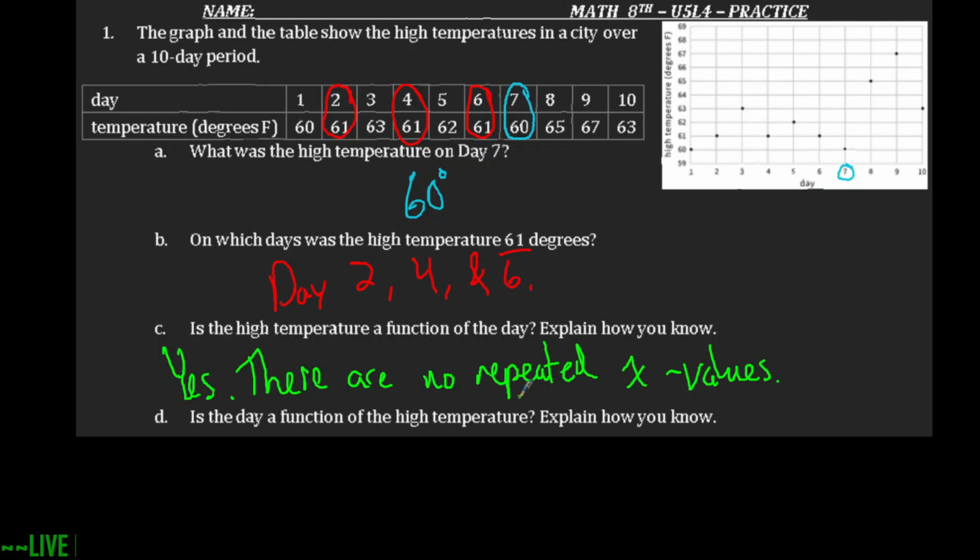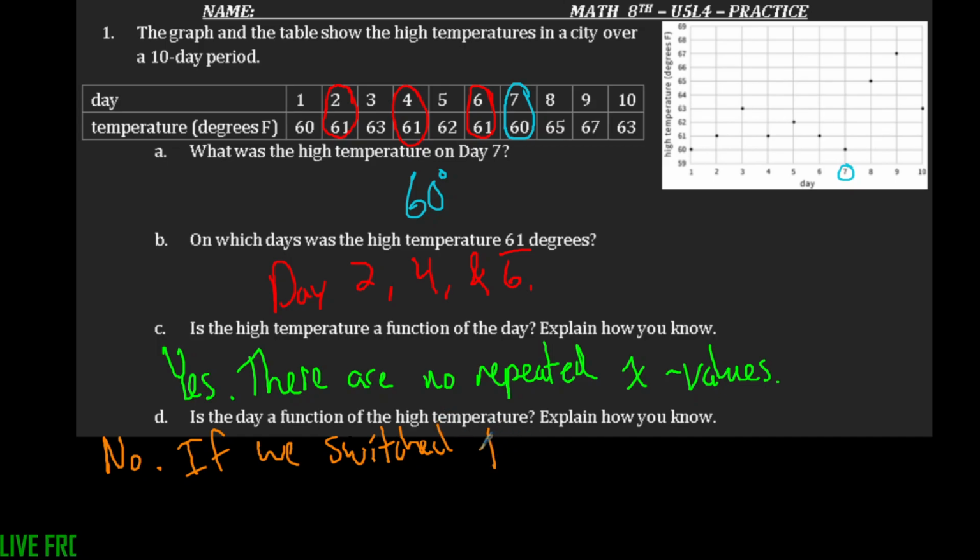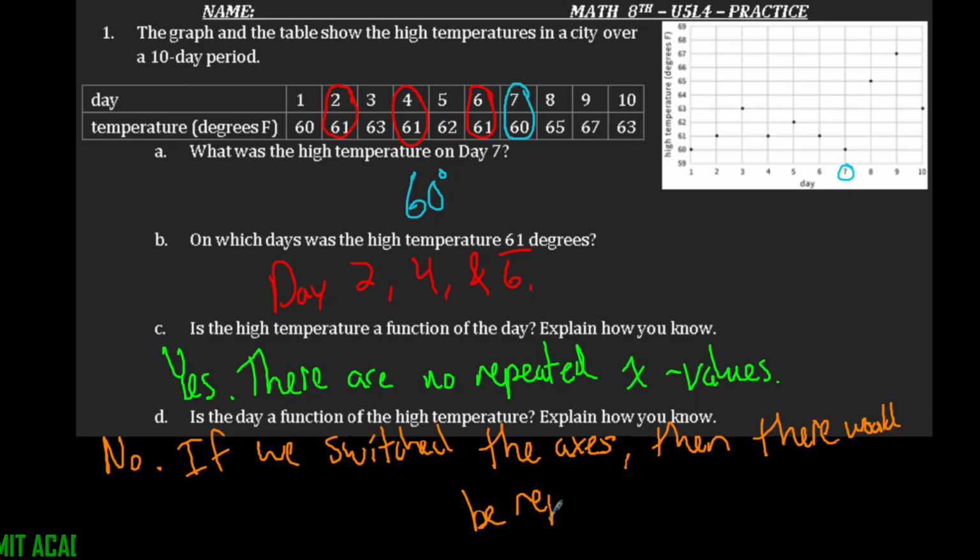But what happens is, for the next part, it says, is a day a function of the high temperature? And explain how you know. So for this one, we're going to actually say no. We're going to say no, and the reason why we say that is if we switched the axes, then there would be repeated x values.